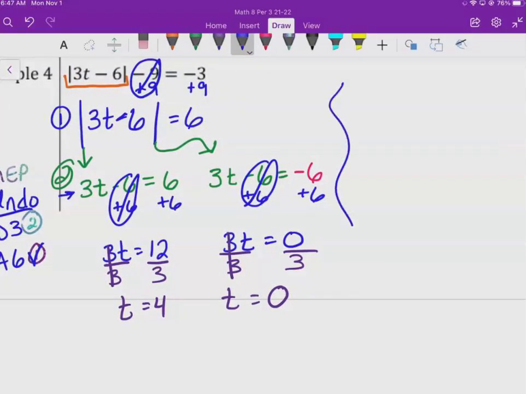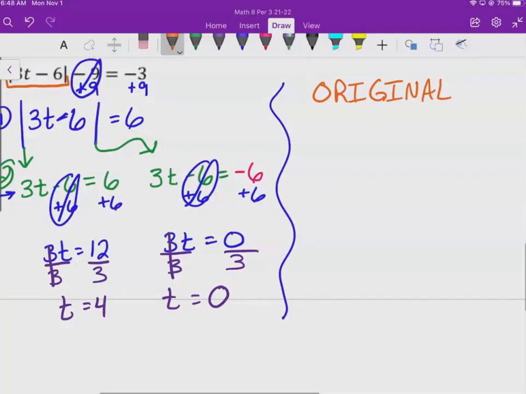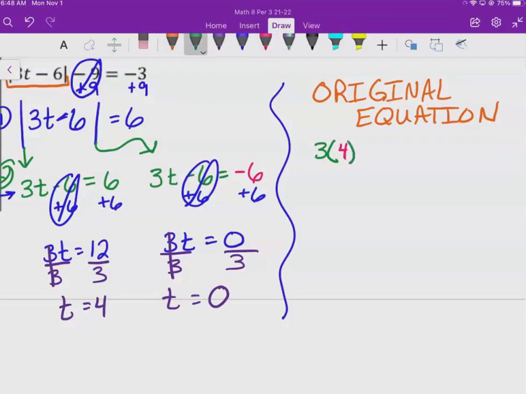Now you go over here, and remember, you go back into the original equation. So not what you solved for, you go all the way back to the original. So we've got absolute value of 3 times 4 minus 6, minus 9, question mark equals negative 3.